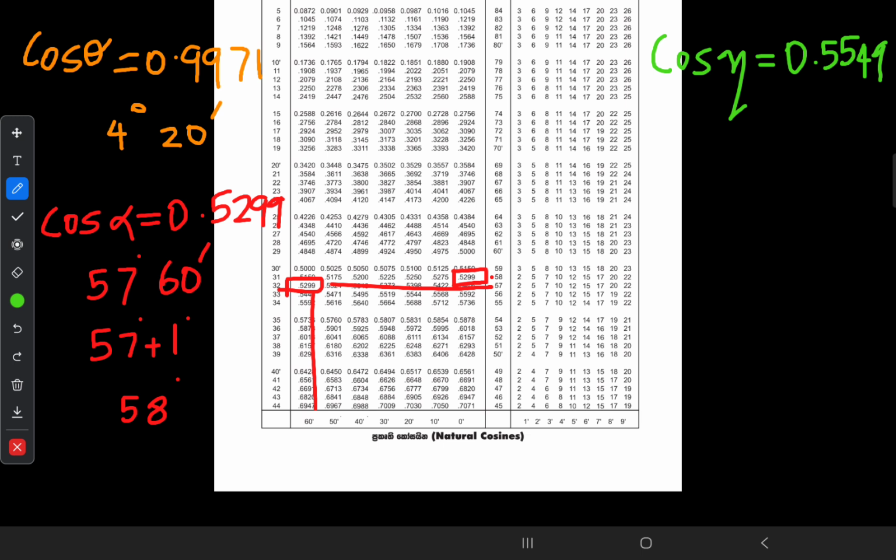Is there any 5549 there? No, actually we have 5544 there. Thereafter 5568. This is exceeding the limit, so we cannot take this one. So we can take 5544.